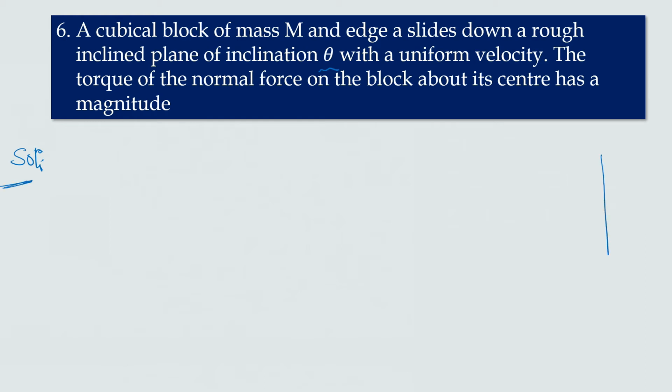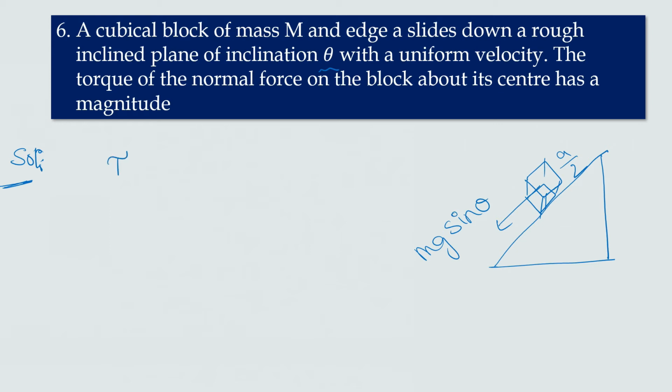This is the inclined plane and we are placing the cubical block of mass m. The horizontal component is mg sin theta, and the perpendicular distance is a by 2.